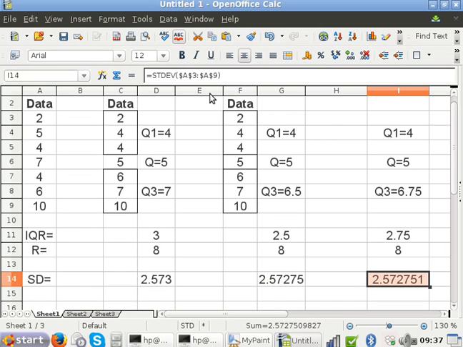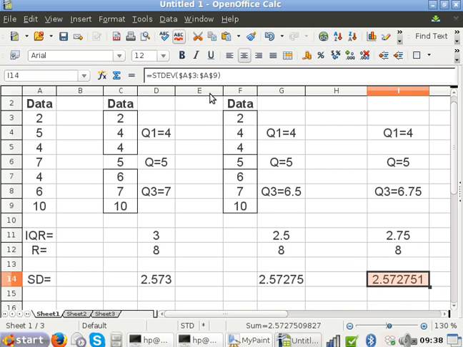Do you notice anything interesting about standard deviation and interquartile range? If you compare the two, they're kind of close, aren't they?